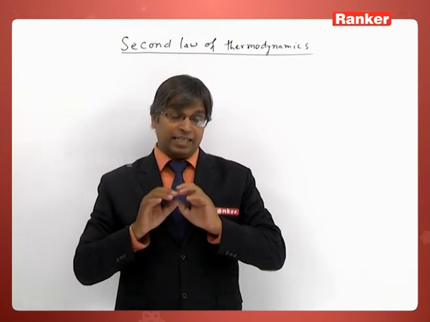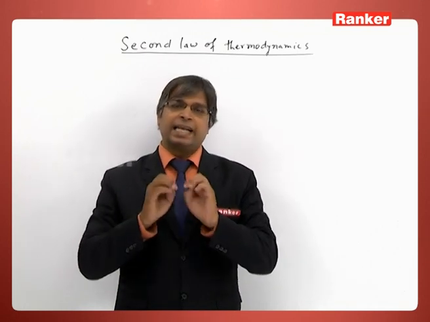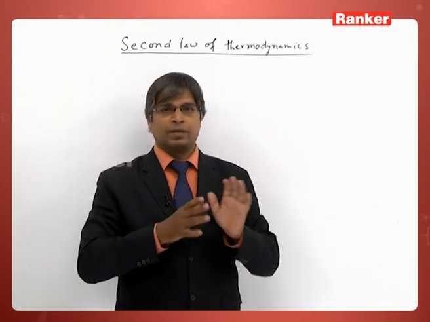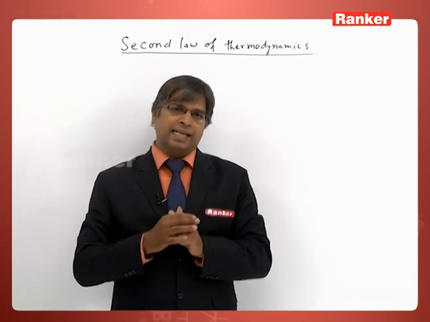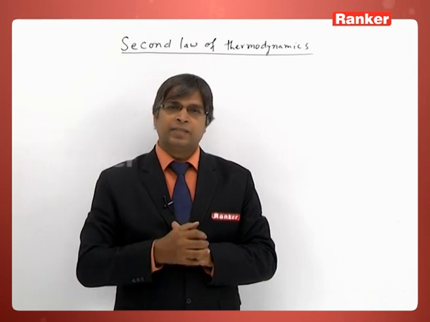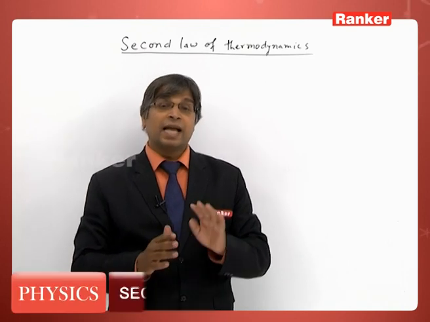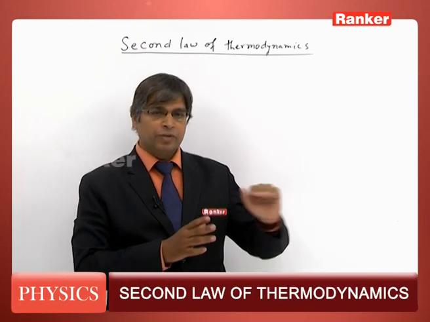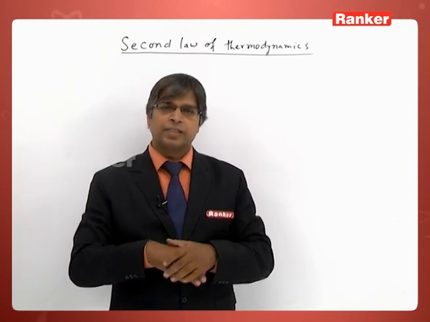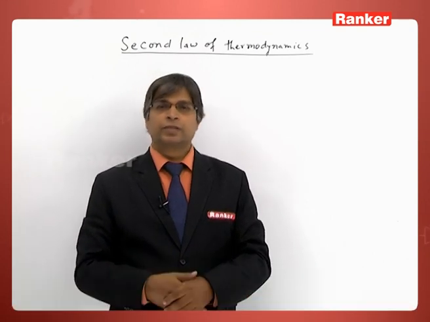Whereas whether it is in the form of heat or dissipative work done, the energy is supplied in a disordered manner. Some gets more, some get less. So it is the orderliness of the distribution of energy which will decide whether 100% conversion is possible or not, which is actually the law of entropy, which we will study in the latter half of this lecture. So this is the basic idea, the theme of the second law of thermodynamics.